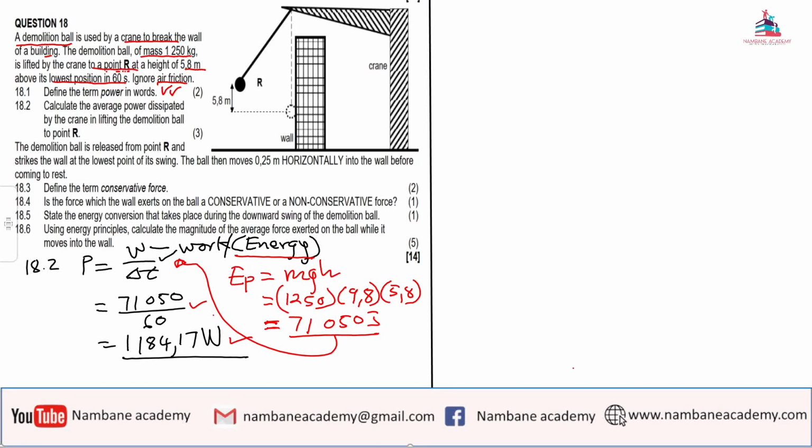The demolition ball is released from point R and it strikes the wall at the lowest point of its swing. The ball then moves 0.25 meters horizontally into the wall before coming to rest.